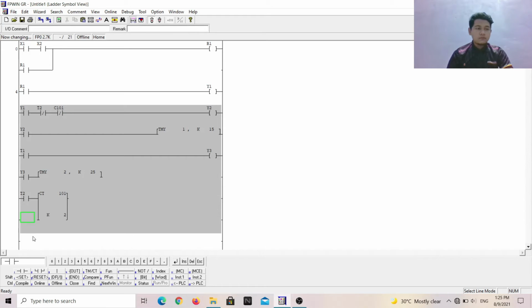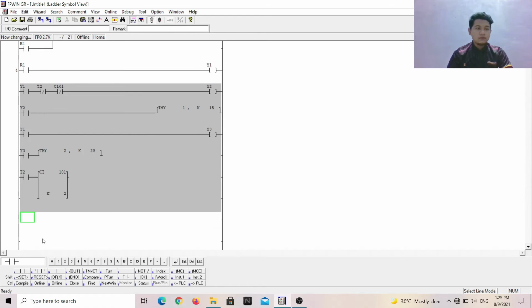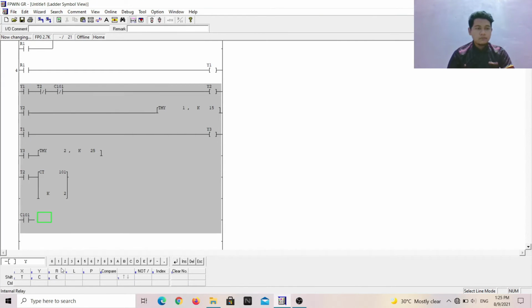For the battery set, we put it later because we don't know yet. So we go through to the next round. It will start with this C101, with the output of Y4.